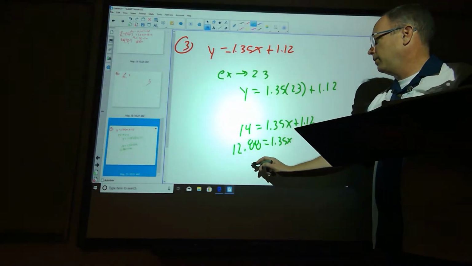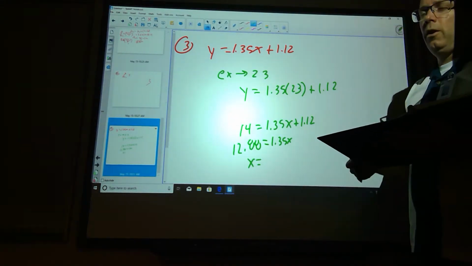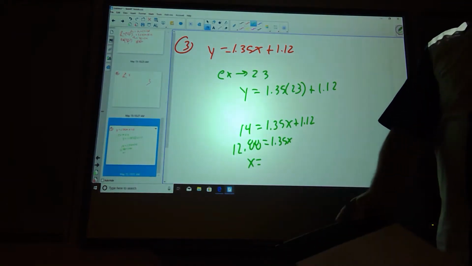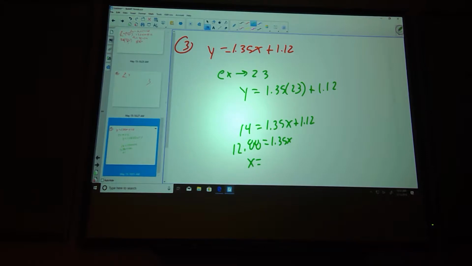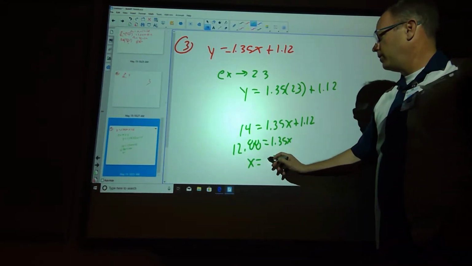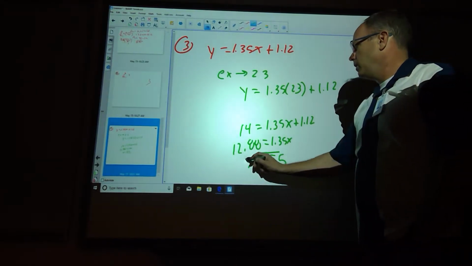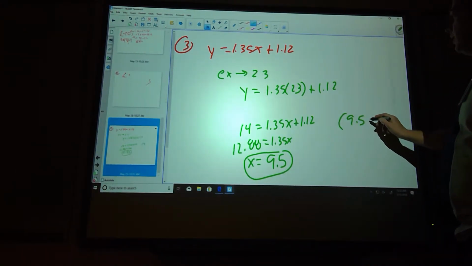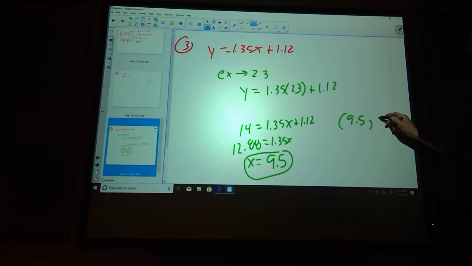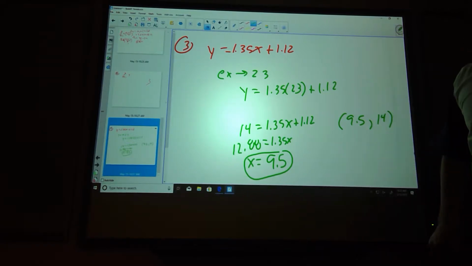Does anyone have a calculator? What's 12.88 divided by 1.35? 9.5. So we're saying if you got a 9.5 on the Explorer, then you would get a 14 on the ACT. Then let's look at our data.